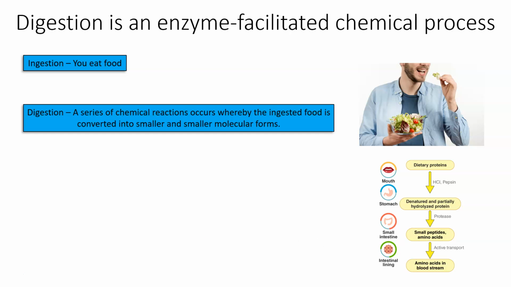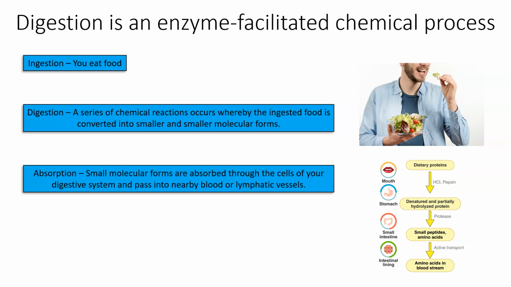We then take the ingested material and, using a series of chemical reactions, convert it into smaller and smaller molecular forms. We use enzymes, and often a series of enzymes, to facilitate this chemical process, where we take larger compounds or polymers and trim them down to individual monomers a lot of the time. We then have to absorb those monomers into tissue cells.